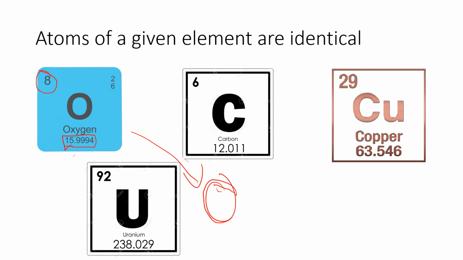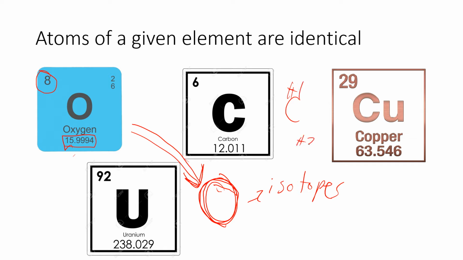Now, this part of the atomic theory is not 100% correct because isotopes exist, and we will talk about that a little bit later. But know that chemically they are fairly identical. So know that atoms of a given element are identical. A carbon atom will be one carbon. It doesn't matter if this is carbon atom number 1 or carbon atom number 2.